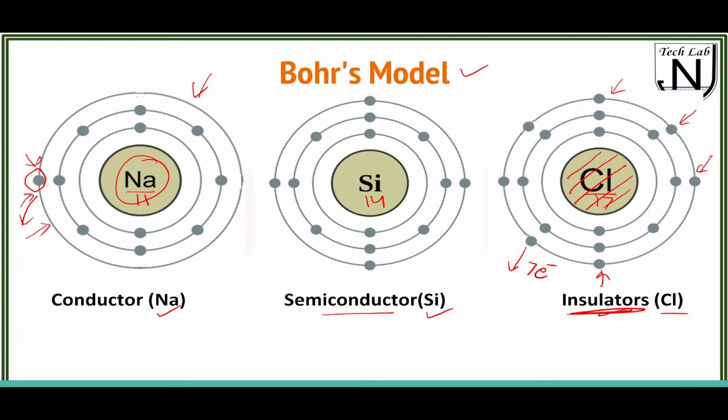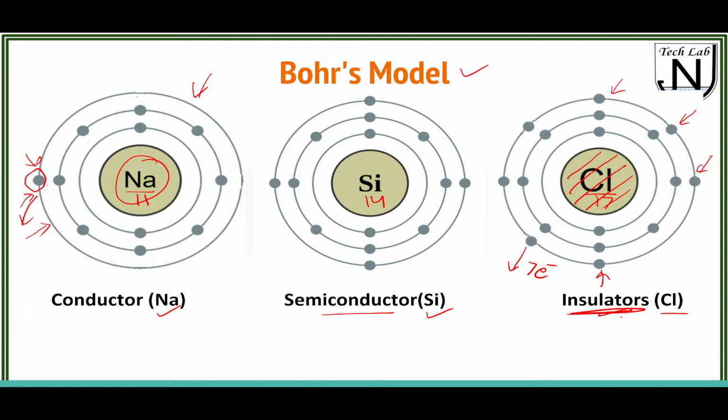And it is the reason that in the insulator, we do not have free electrons. And since we do not have free electrons, current cannot flow. And it is the reason that if we are standing on an insulator, we do not feel any electric shock, because current cannot flow through the insulator.